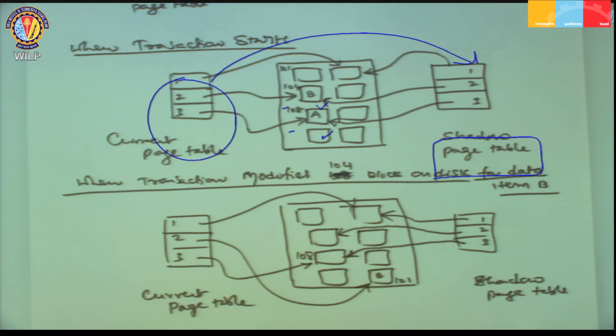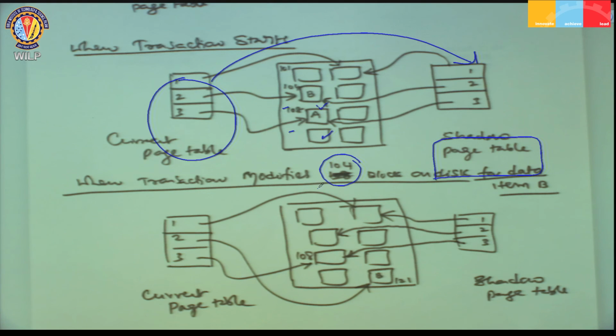During the execution of a transaction, let us assume that the transaction modifies the data item B, that is, it modifies the disk block at 104. Data item B is available where? It is available in the disk block 104.